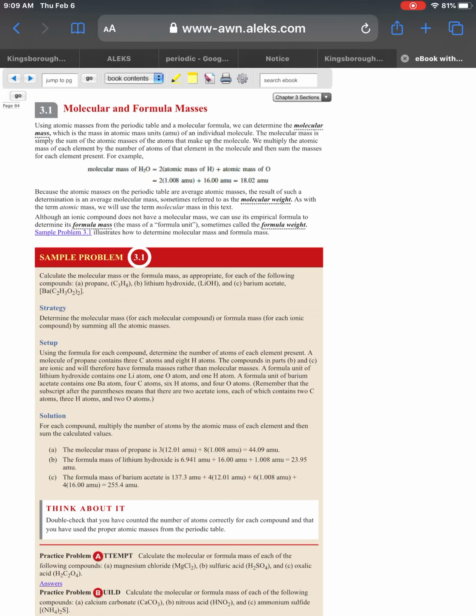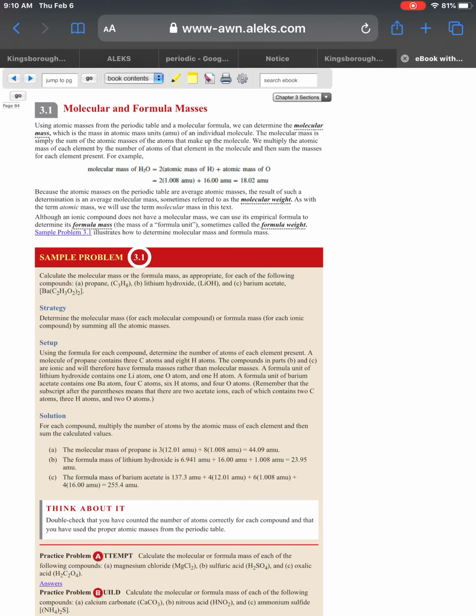But our rules of significant figures are that if you're adding or subtracting, your answer can't have more significant figures past the decimal point than any of the measurements you're adding or subtracting. So since the oxygen only goes out 2 digits past the decimal point, the answer can only go out 2 digits past the decimal point. So we round it to 18.02 instead of having it be 18.016.